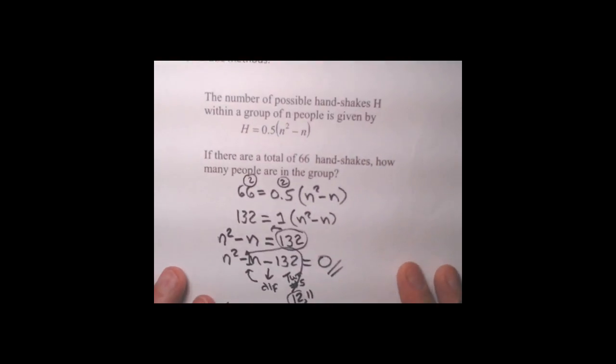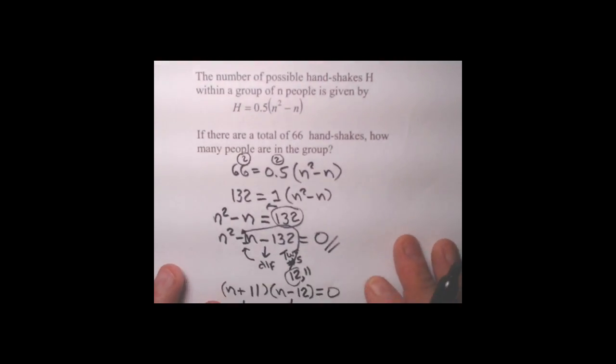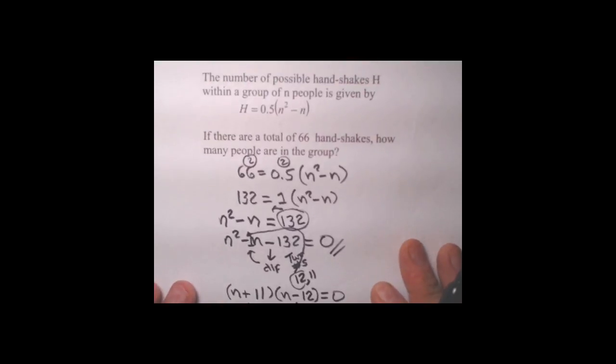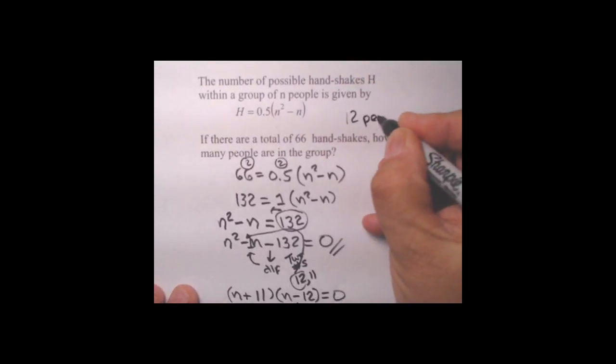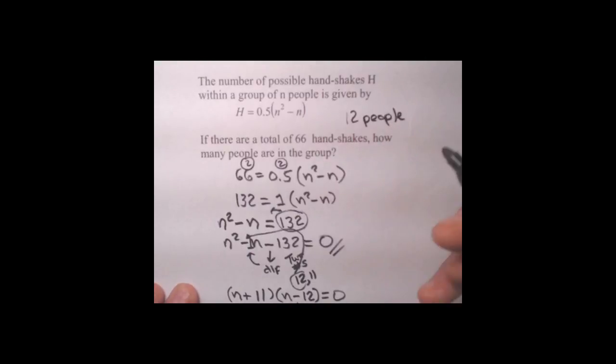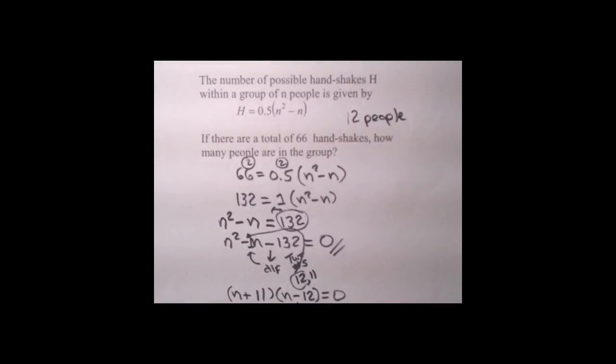It turns out that for this particular problem there is a total of 12 people. Using formulas like this, all you have to do is make sure that you get the correct values in the correct spot. Let's look at another example here.